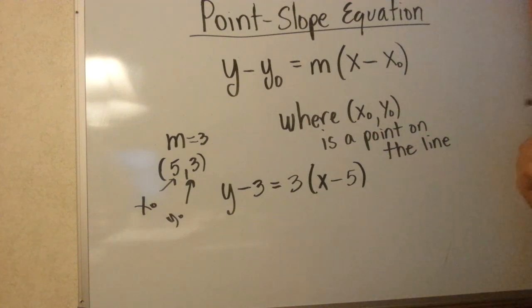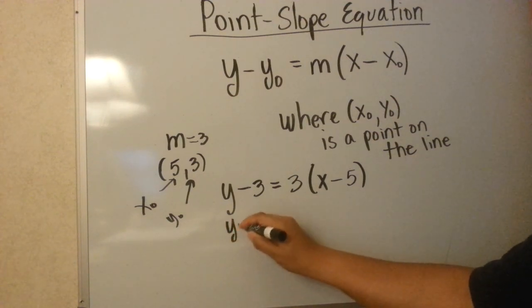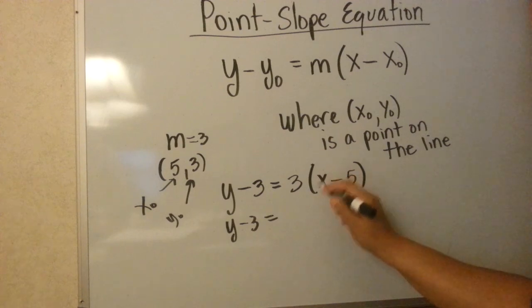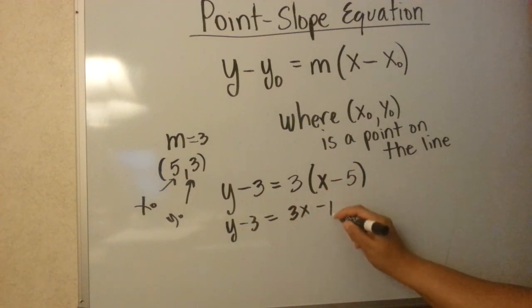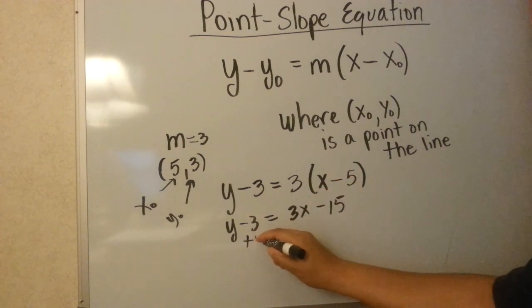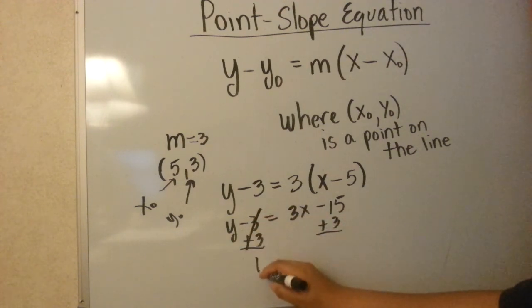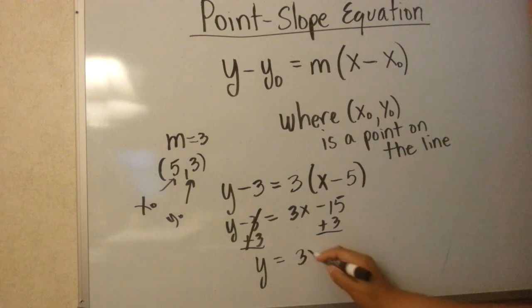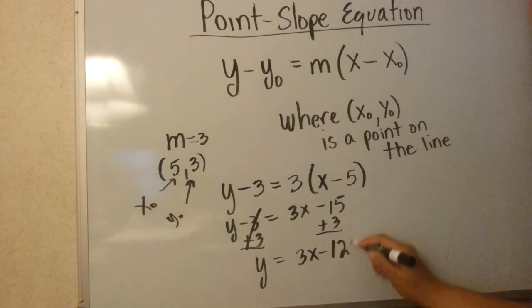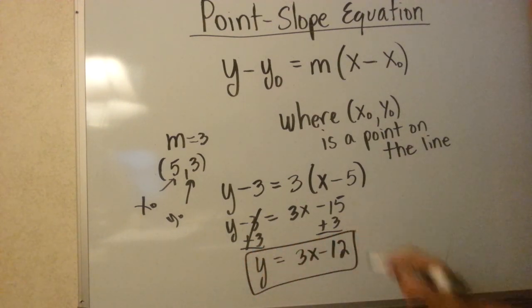And of course you would have to clean this up. So you have y minus 3 equals 3x minus 15. And we add 3. That cancels this, and now you have y equals 3x minus 12. There's the equation of the line.